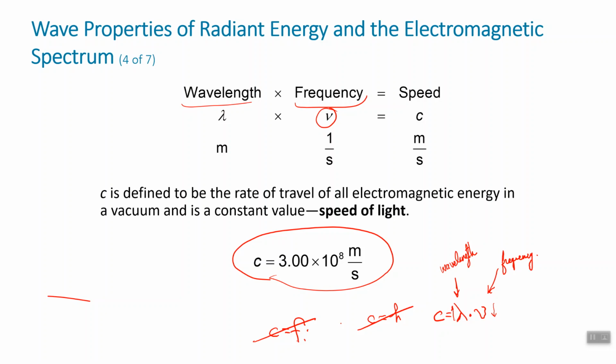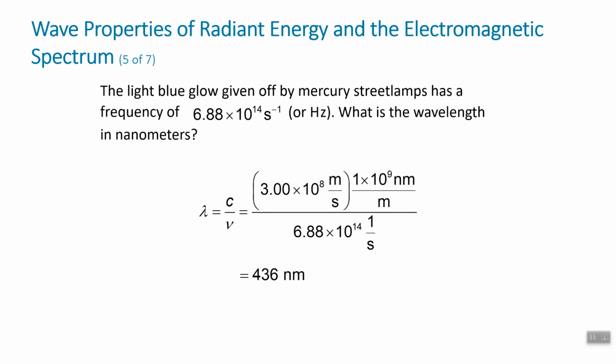There are very few oscillations per second. And so you can characterize every type of electromagnetic radiation, whether it's low frequency or high frequency. You can describe it as both a wavelength or a frequency because they're always associated together with this constant c.